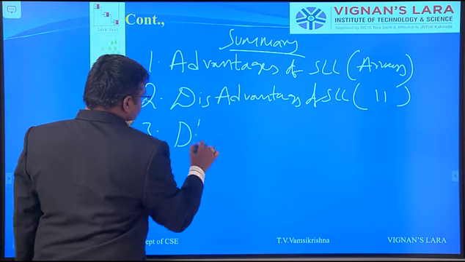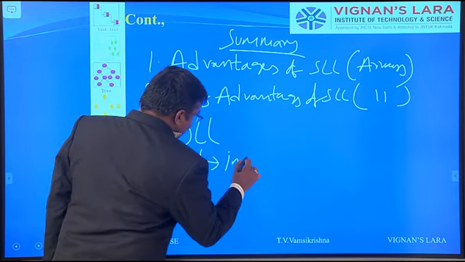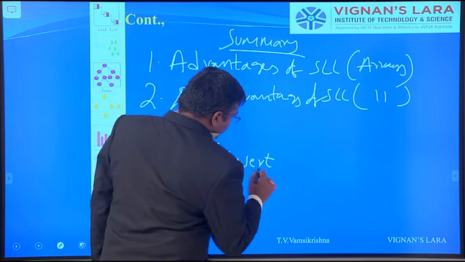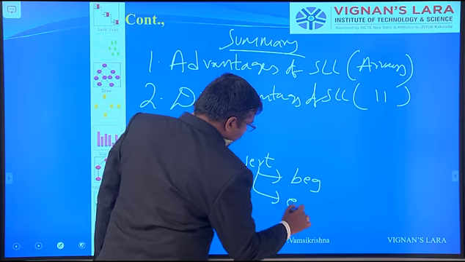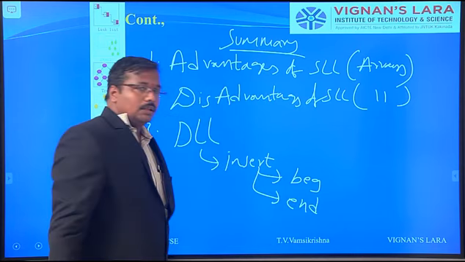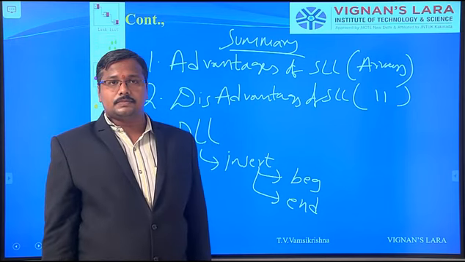Third, we introduced the double linked list. In the double linked list, the insert operation: how to insert at beginning and how to insert at end. These two things are discussed in this session.